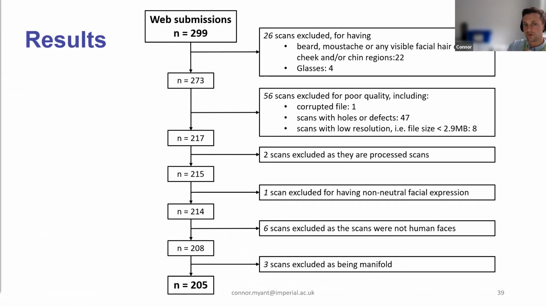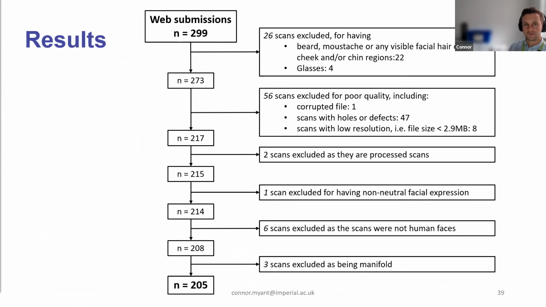So anybody with a beard would not be deployed into these sorts of locations where it's required, or they would have to wear a full face hood. And I think we had quite a few scans with people with beards on. Glasses is a problem with the process at this stage, so we requested people to remove glasses. So there's a few things like this where we had to whittle them down, but essentially we had 205 usable scans that we could pass through the process to check how well it is performing.